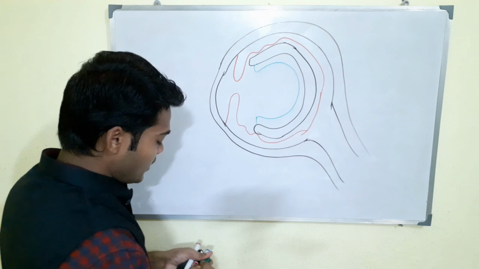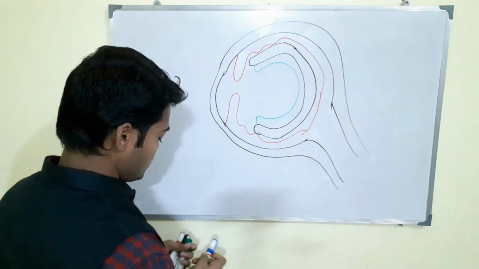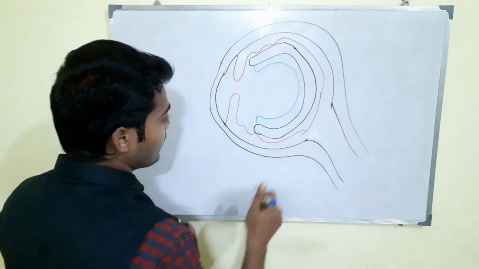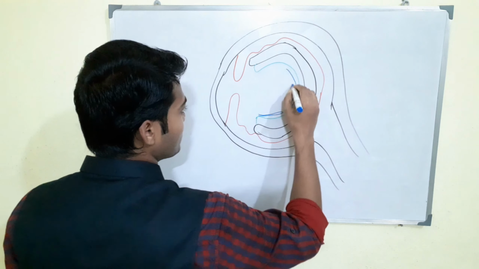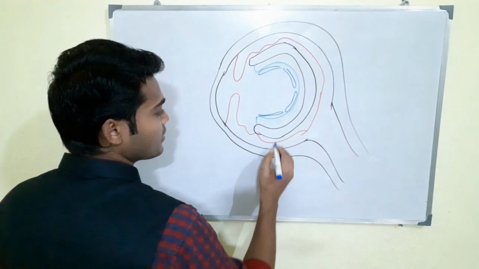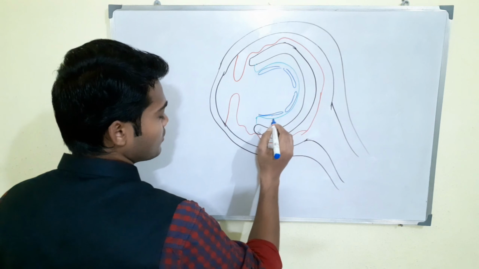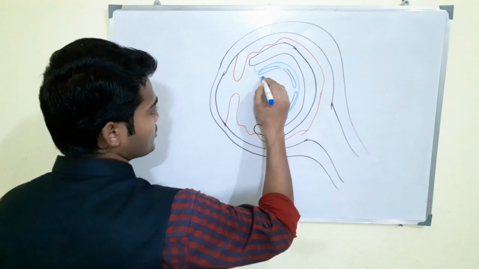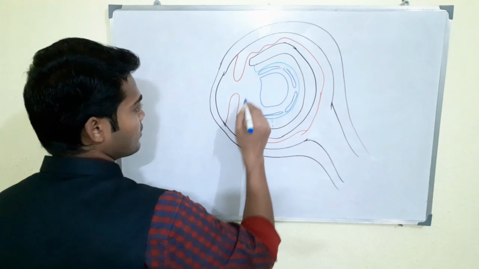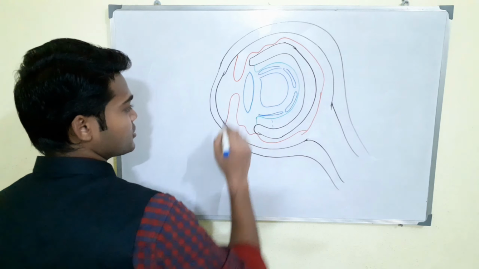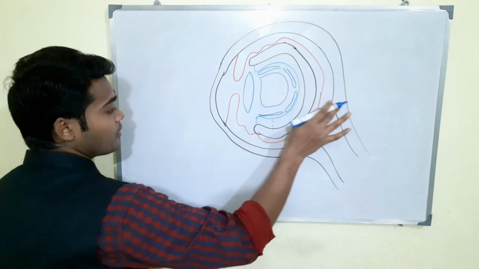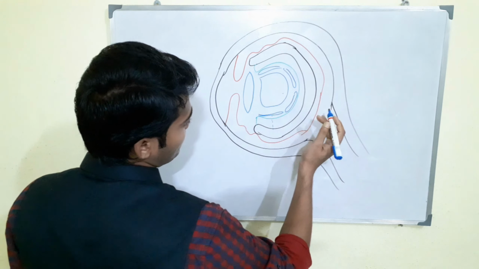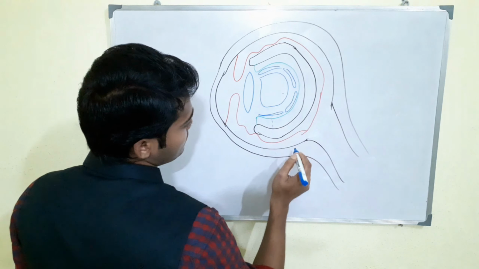And what is actually happening here, just assume it, the Muller cell makes a protective layer, the inner limiting membrane, just for protection of this part. Basically this is the vitreous part, because the lens is present here, so the vitreous does not get inside the retina and hamper the function or structure of the retina, so it acts like this here.